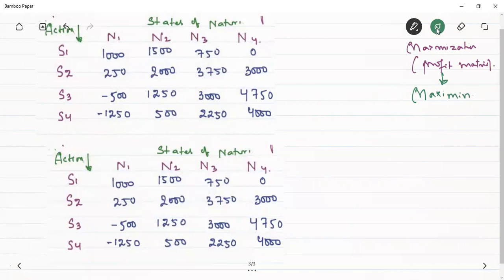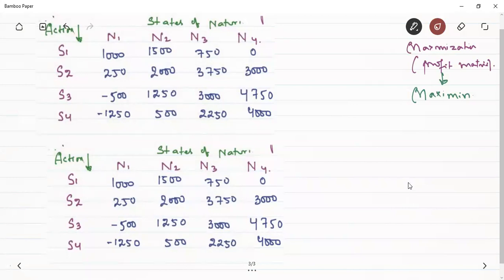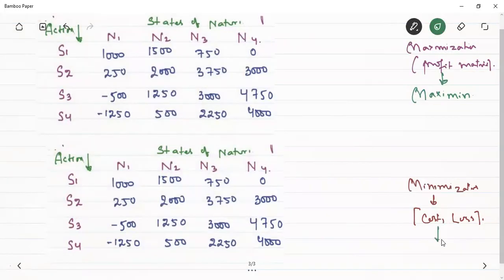And similarly, in the second case, I will consider this problem to be of the minimization problem. If this is a minimization problem, that is, the matrix could be the cost matrix or the loss matrix, and correspondingly, the criteria that will be used is the minimax criteria.